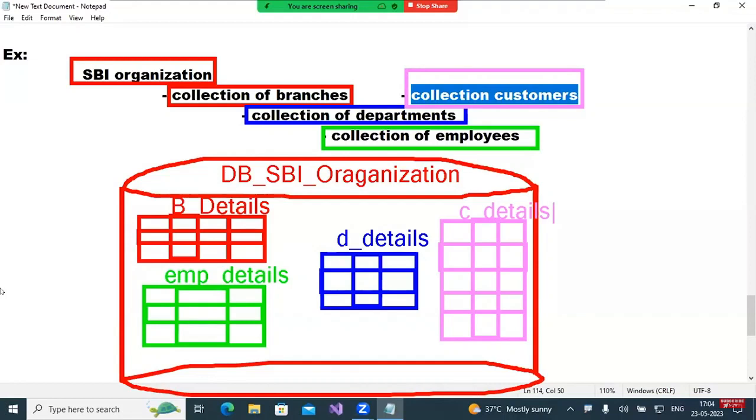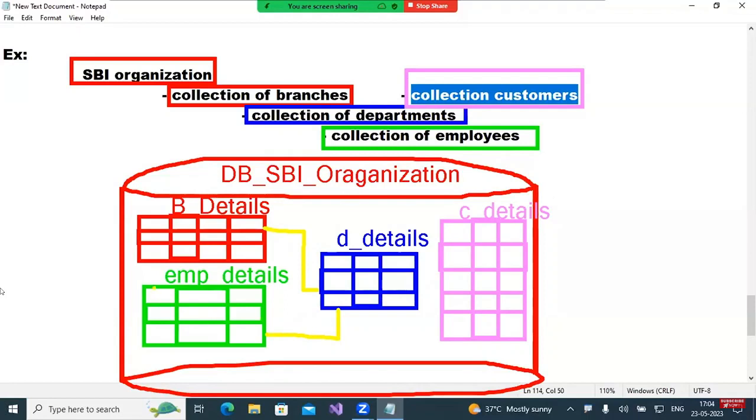Observe. Definitely the department table has a relationship with the branches. The relation is compulsory. Next, employees have a relation with whom? Departments. And this is one relation.